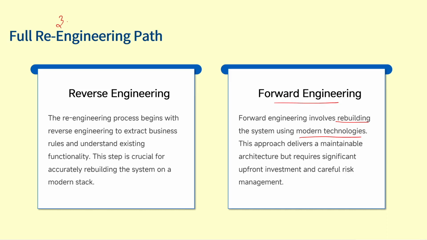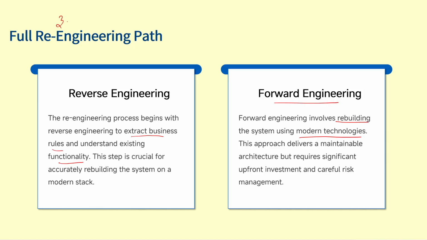That kind of engineering is reverse engineering. It tries to extract the business rules by understanding the existing functionality. From the functionality you identify the design, and you identify your business rules from the specifications. This is very crucial when you try to rebuild something which already exists.